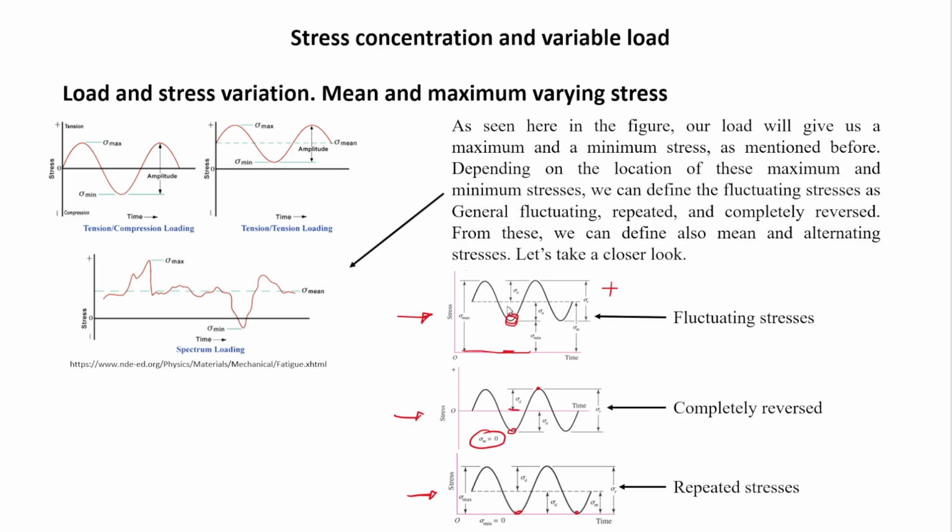This one is located in the positive side, but physically you can have it also in the negative side of this Cartesian axis. Then, according to the way the curves are positioned vertically in the Cartesian axis, we're going to have fluctuating stresses, completely reversed stresses, and repeated stresses. Depending on what we're calling it, we are going to know that it has certain characteristics.